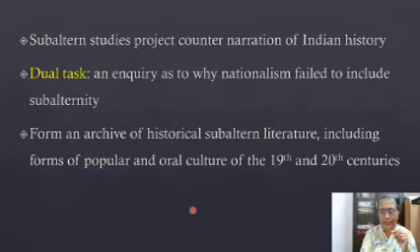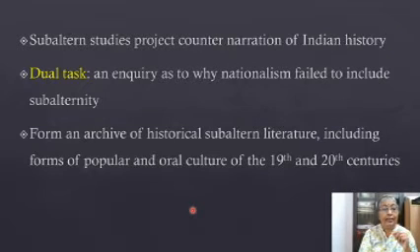All these are to be found, and they should be brought to the forefront. So these people have dual tasks before them. The first is an inquiry as to why nationalism failed to include subalternity. And so, naturally, this is the first task before them.